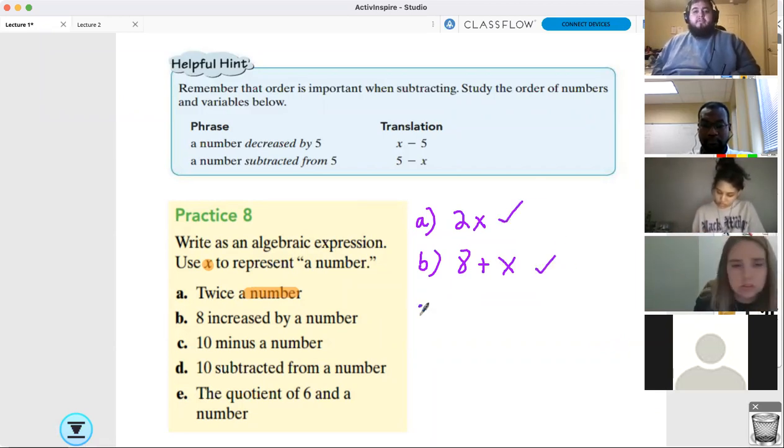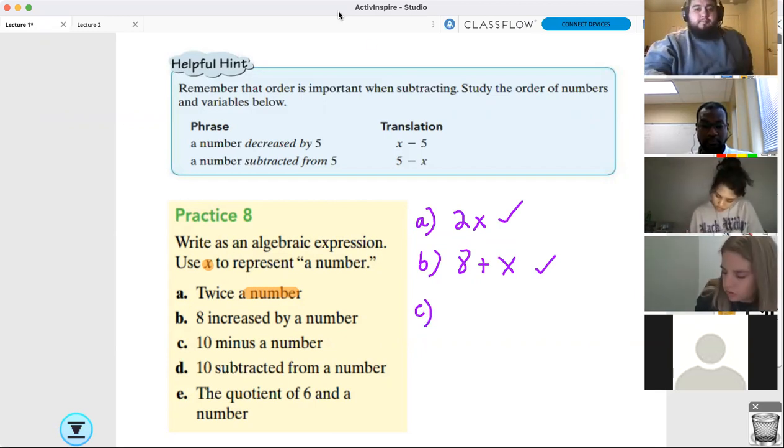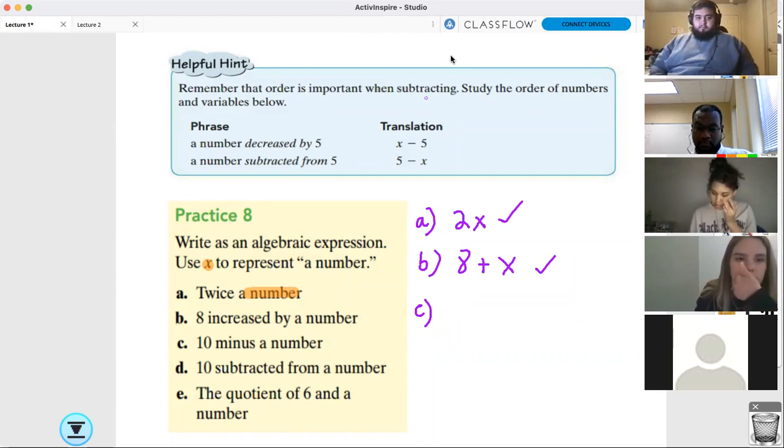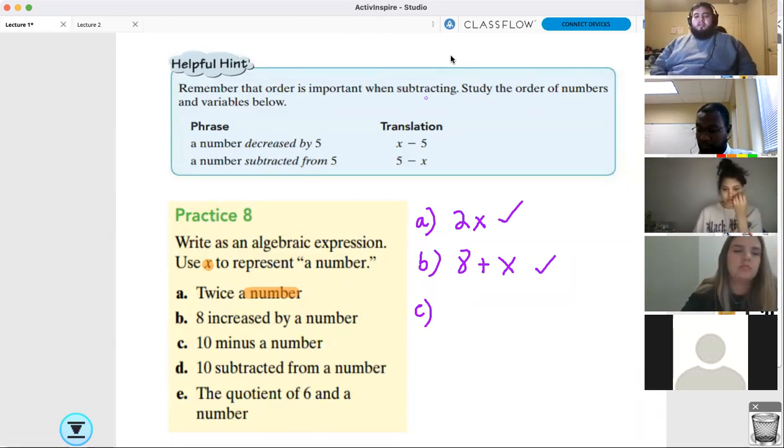Anyone want to share what they got for C? C says 10 minus a number. Remember, we're converting words into algebra.